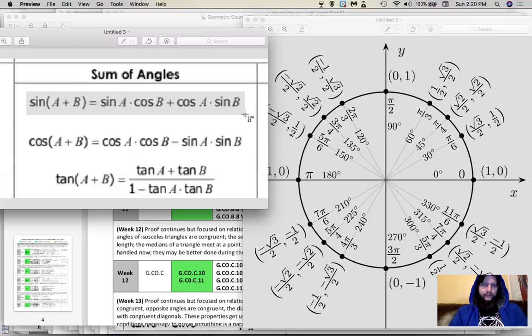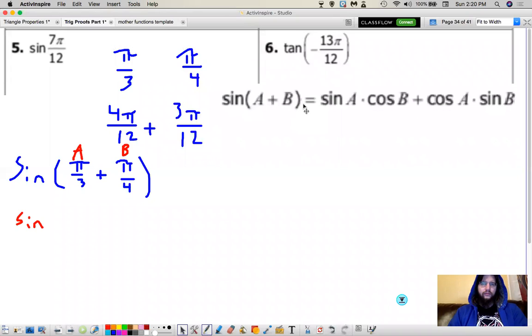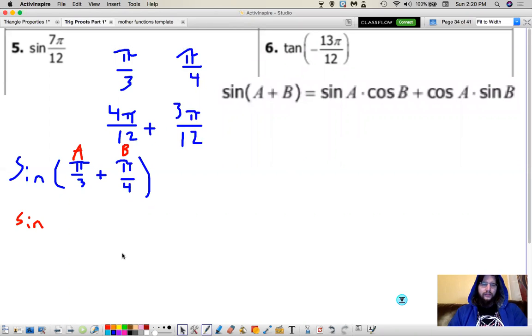Add A plus B. So sine of pi over 3 times cosine of pi over 4 plus cosine of pi over 3 times sine of pi over 4.